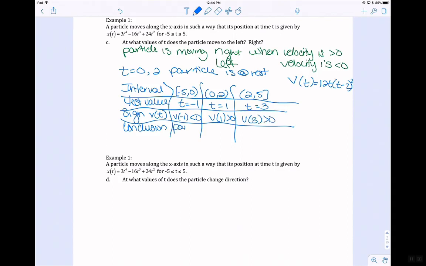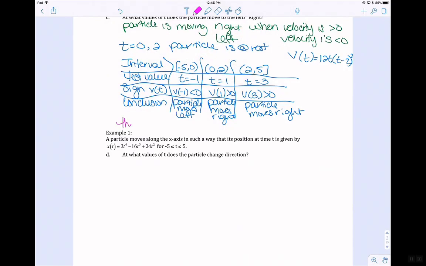So the particle moves left, the particle moves right, and the particle moves right.